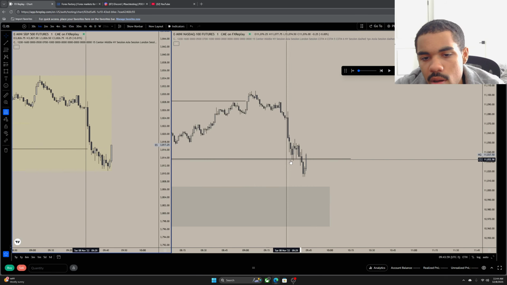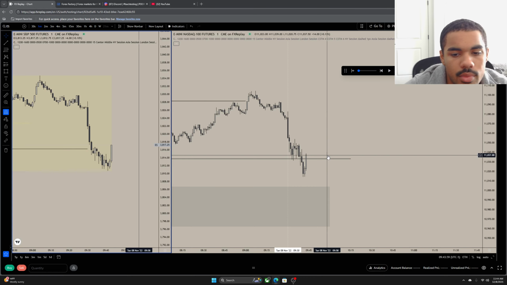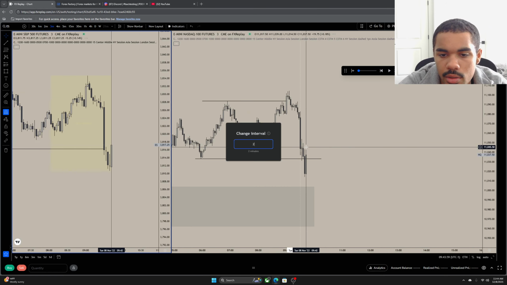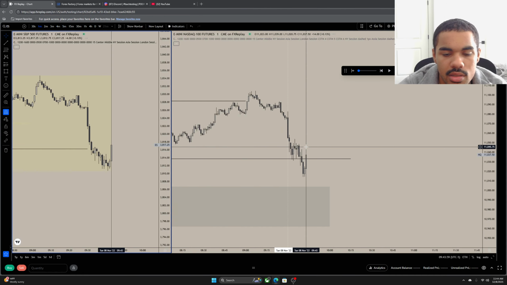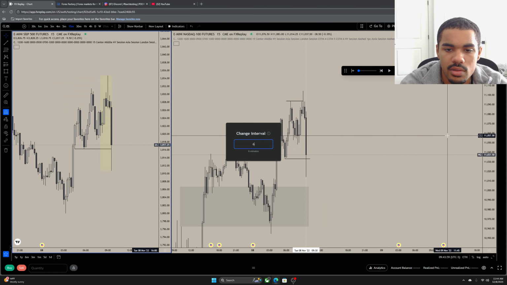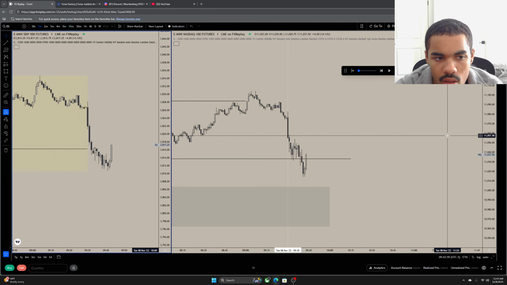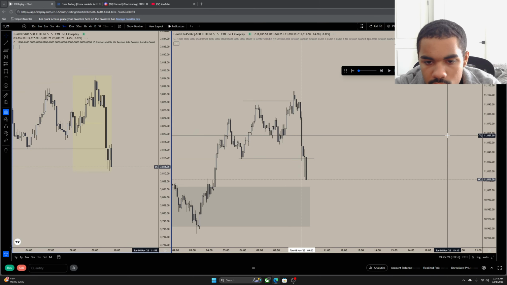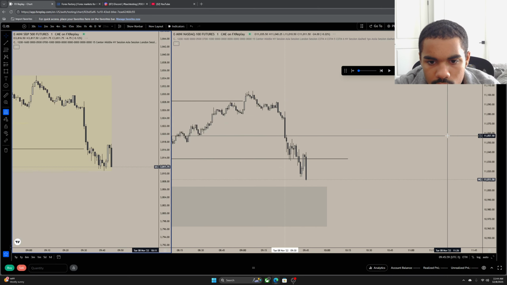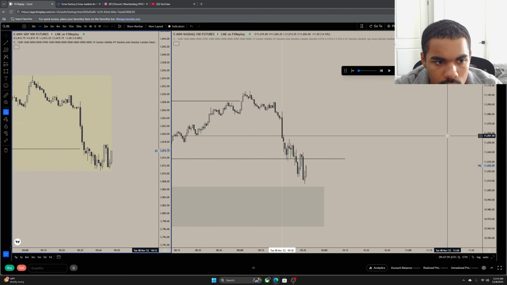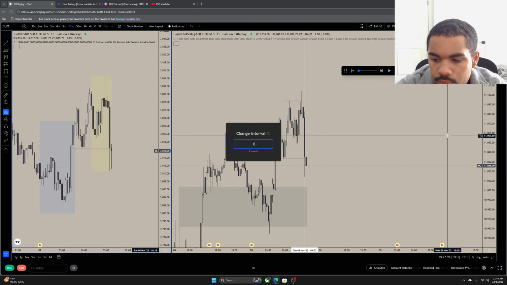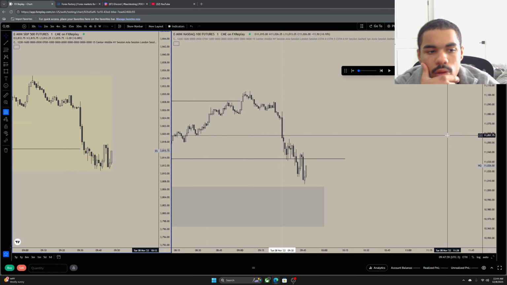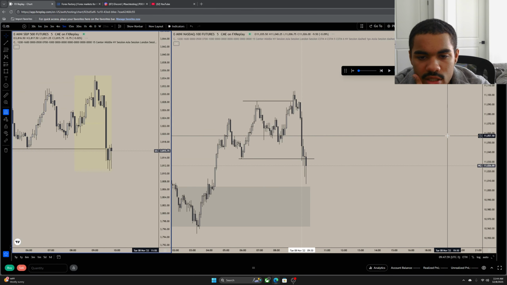So yeah, another mech model. This one actually looks a bit better, but we have an SMT with the gap on ES. I'm just not gonna take that. So we can see why. We get a stop hunt.